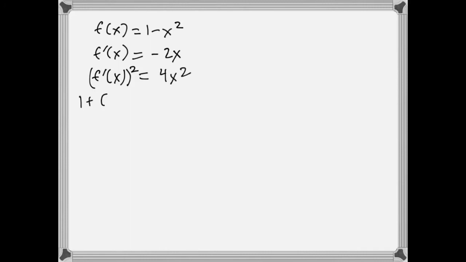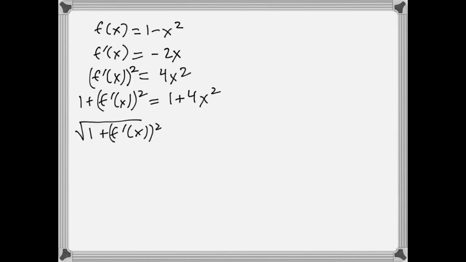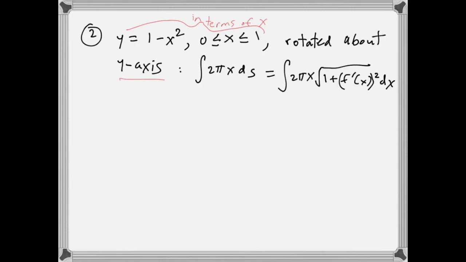And then we add 1 to that, which is just 1 plus 4x squared. And then we take the square root of that. You'll notice that it is not a perfect square, so we just end up with the square root of 1 plus 4x squared. So if we go back to our problem, that's what we're going to stick in there.